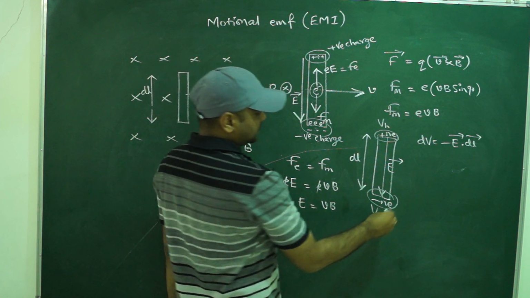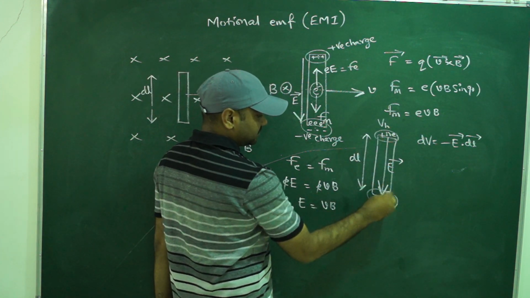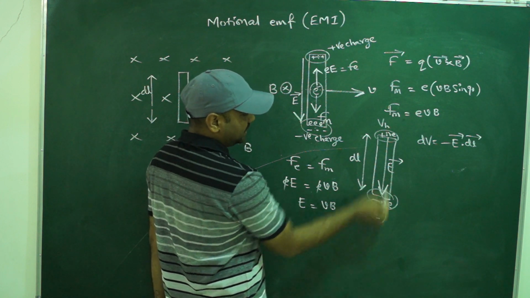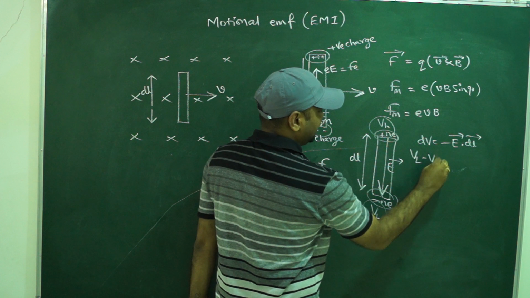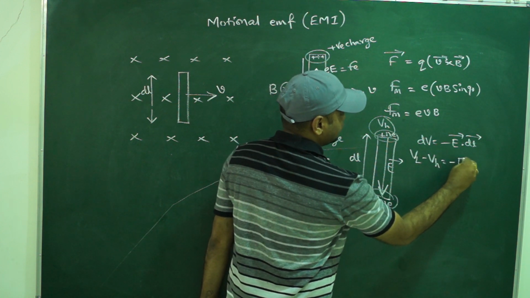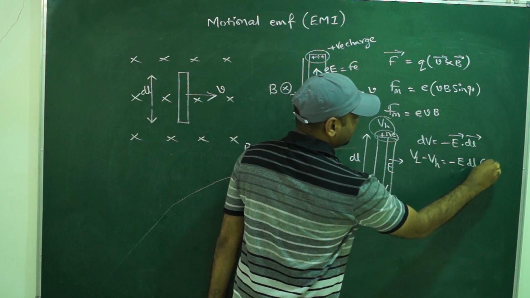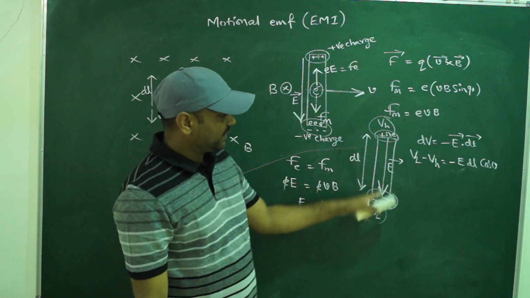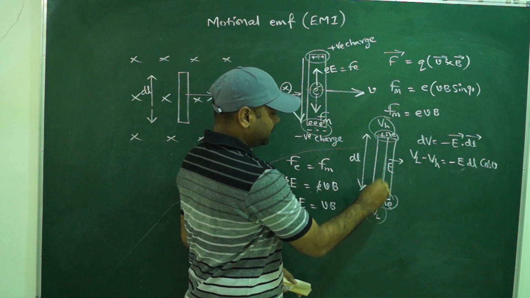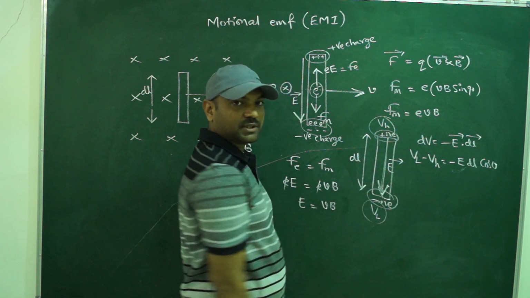If I am moving along the field downward, then this will be final and this will be initial, so VL minus VH is equal to minus E into dl into cos 0, because I am moving along the field direction.